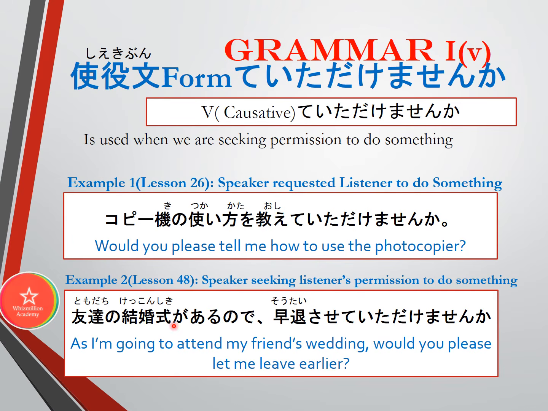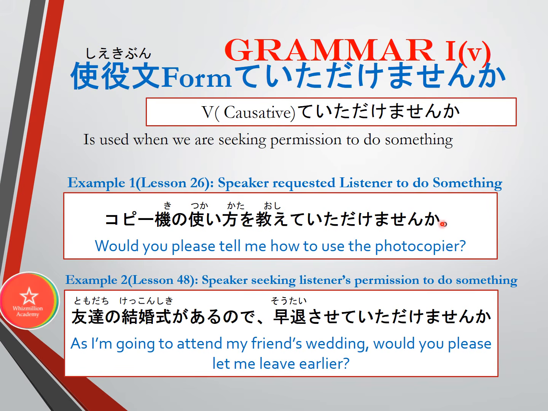Okay, let's look at these two examples and we will be able to tell the difference between lesson 26 and lesson 48. Would you please tell me how to use the photocopier? コピー機の使い方を教えていただけませんか? Over here, the verb is 教えます, and the shortened form is 教えていただけませんか?